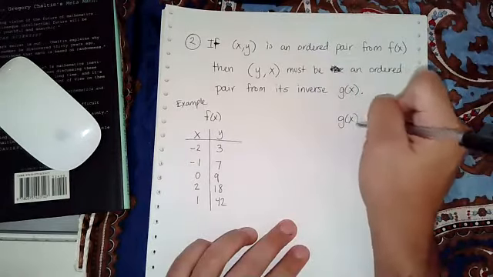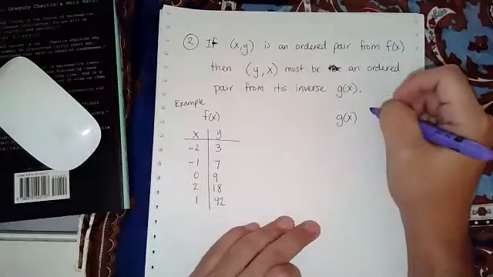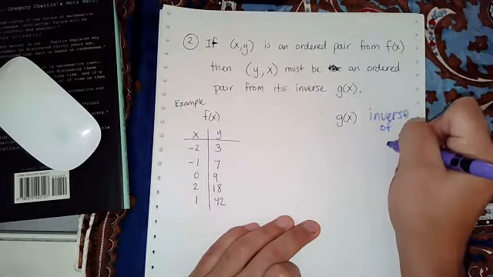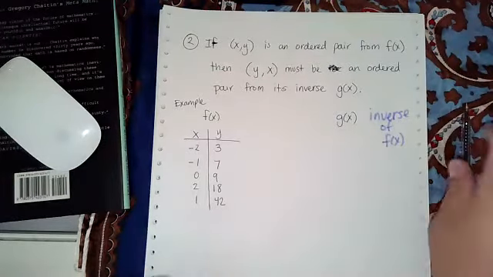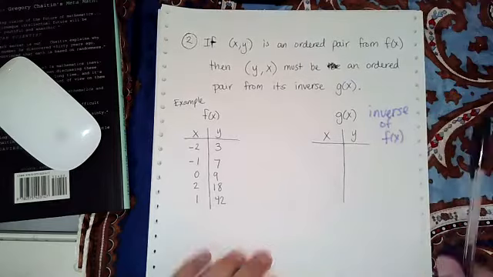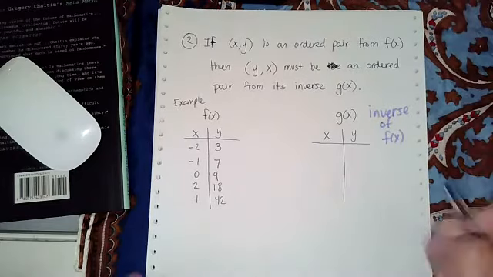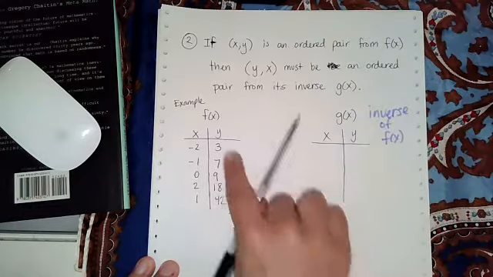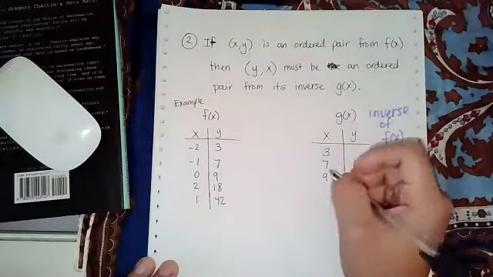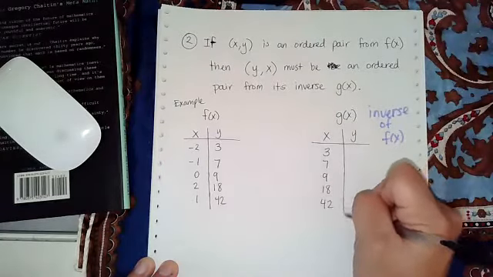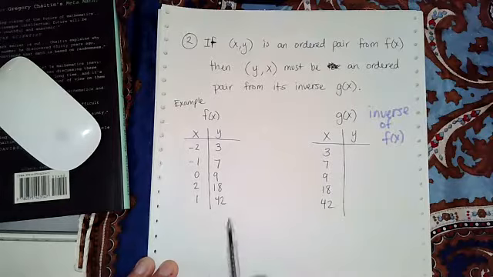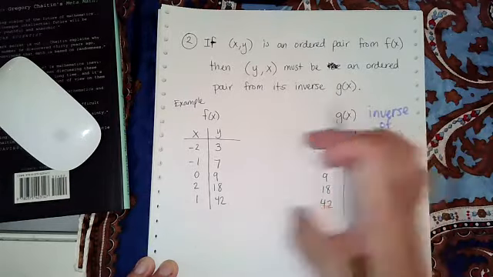So if I wanted to construct the inverse, so g of x, let's say that g of x is the inverse of our function f of x, then it would have a set of ordered pairs that we're going to still call x and y. But instead, I'm going to write down the y values as the x values. So 3, 7, 9, 18, and 42. Those would be the inputs. And it would send me back to the output space, or send me back to these x values.